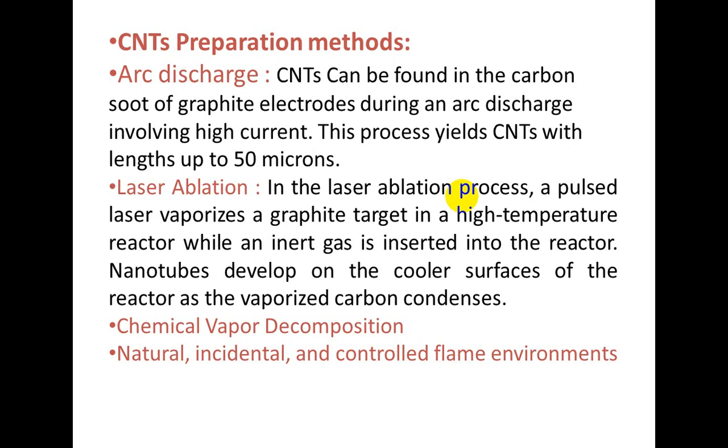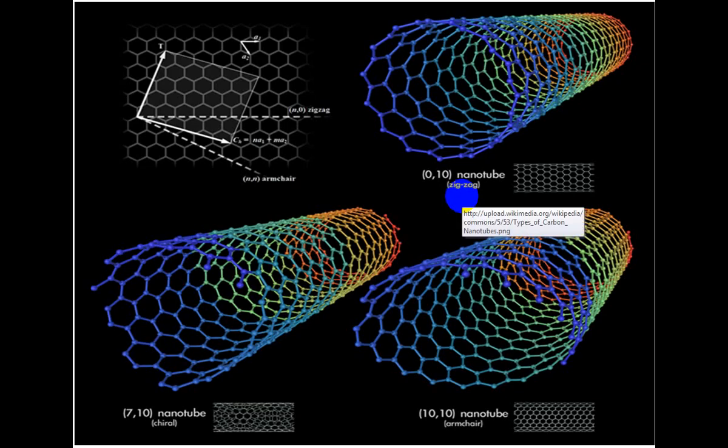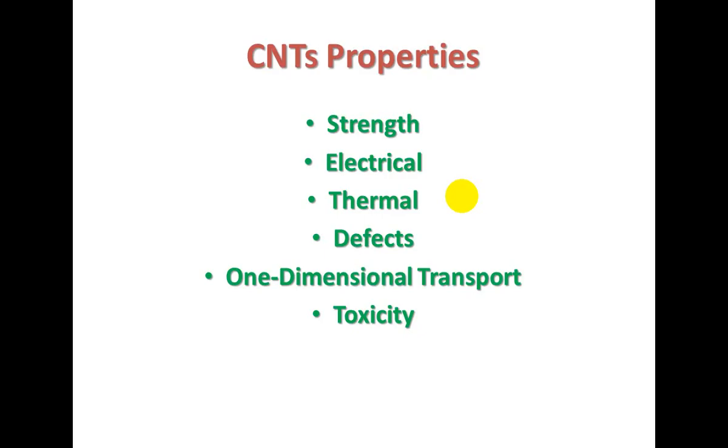The other important methods of preparation of CNTs are chemical vapor deposition, and natural, incidental, and controlled flame environments. So these are the methods through which we can prepare CNTs. These are examples of CNTs indicating their strong cylindrical structure.